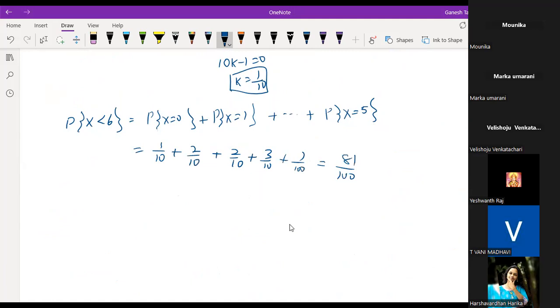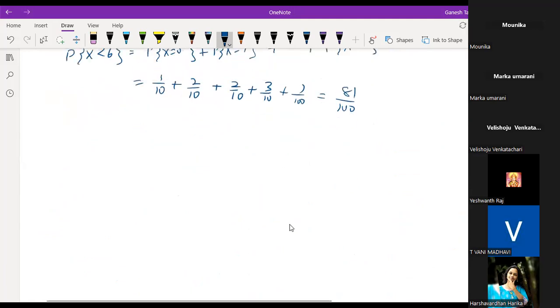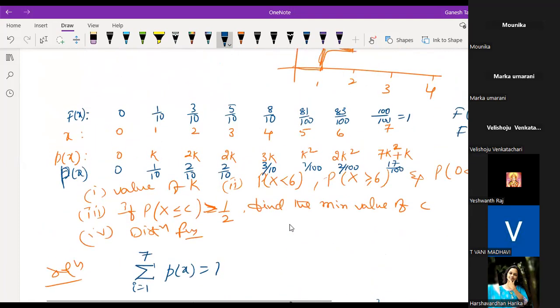Or simply, probability of x less than 6 is 81 by 100. For x greater than or equal to 6, it is 1 minus this, that is 1 minus 81 by 100, which is 19 by 100. Okay.